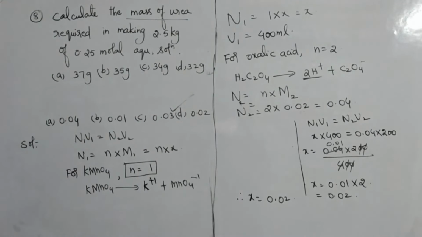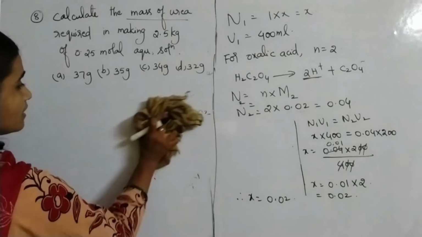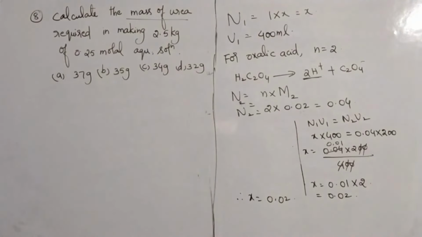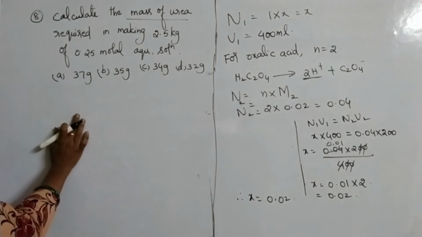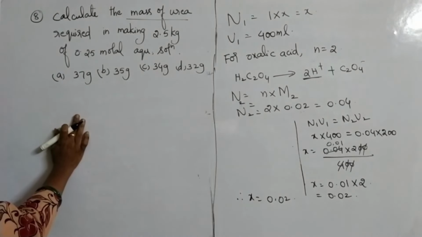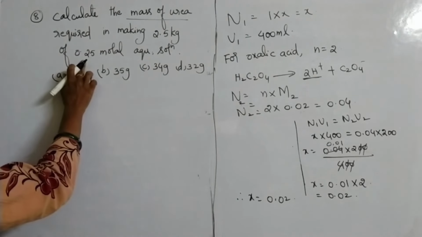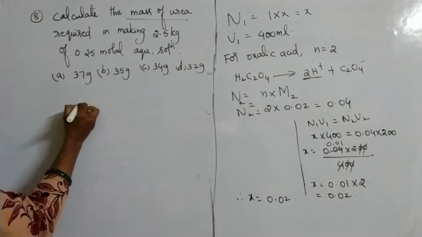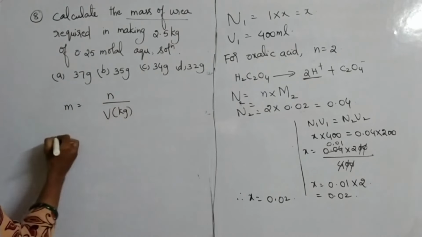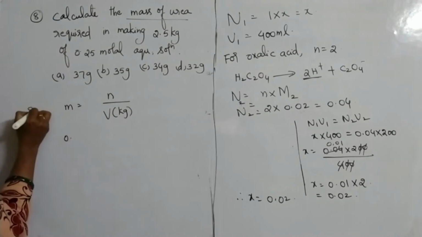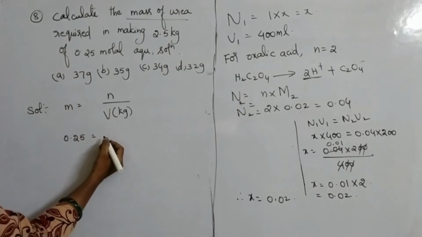Okay, urea mass, how much is required, that he is asking us to find. Molality is given, and the mass of urea required is asked. Okay, so molality is given as how much? 0.25. Small m is equal to what? n by volume, to be taken in kgs. In place of molality you can keep 0.25 is equal to number of moles.